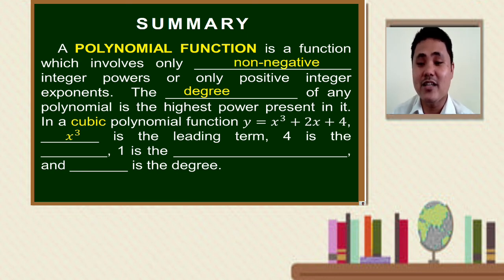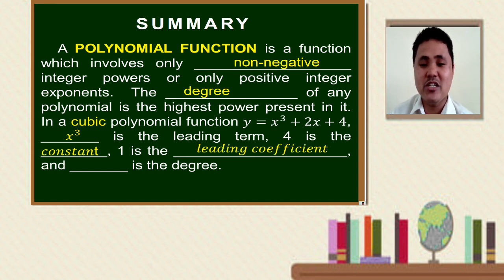So that is known as the constant. And 1, did you observe 1 there? Look at the leading term. Yes, there is 1 there, and that is the coefficient of the leading term, known as the leading coefficient. And what is the degree of this polynomial function? Yes, that is 3.